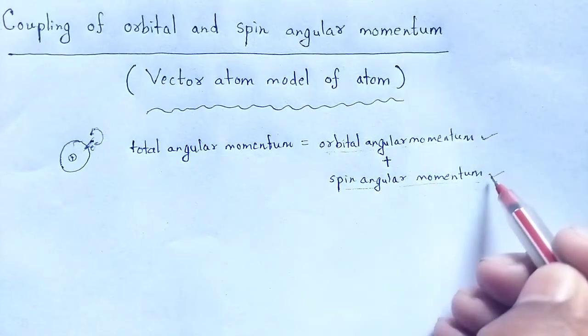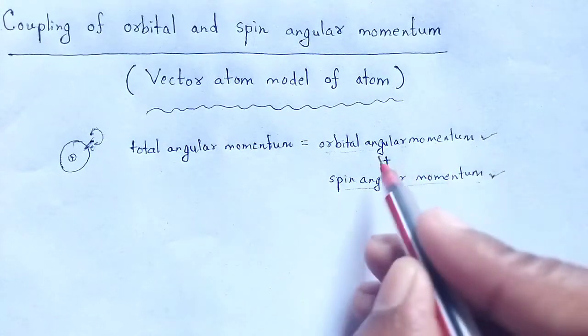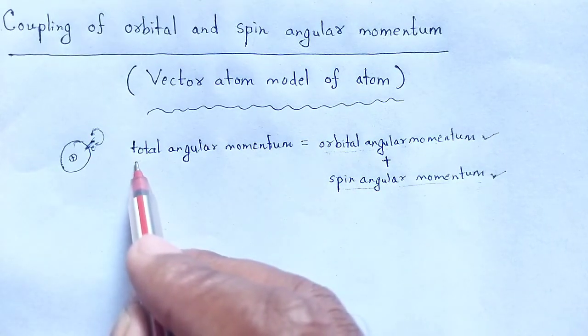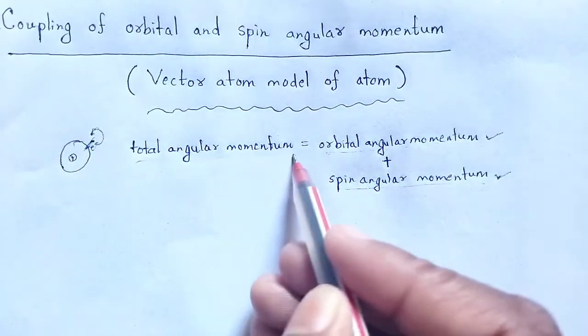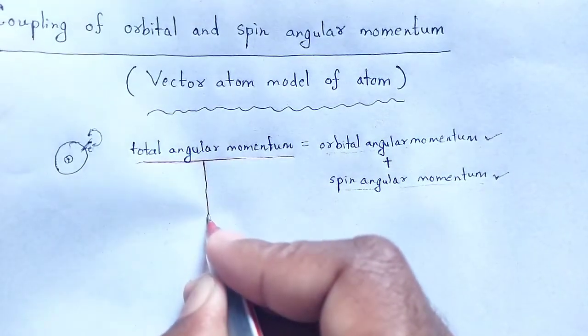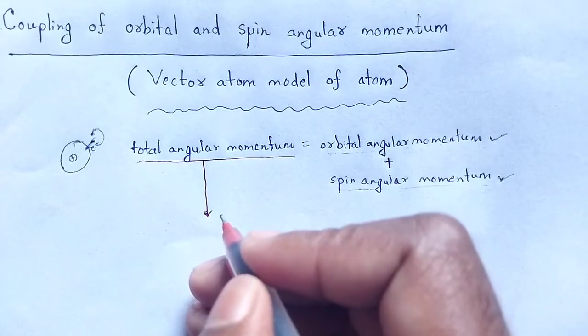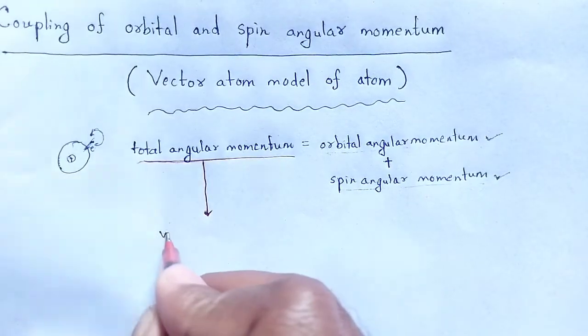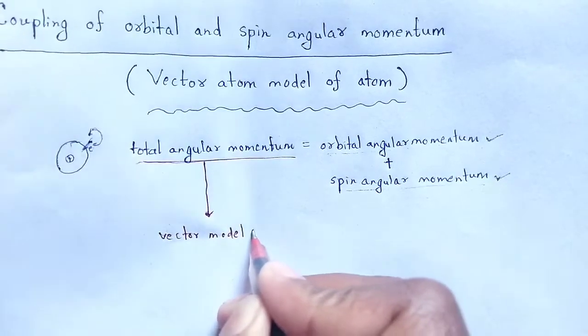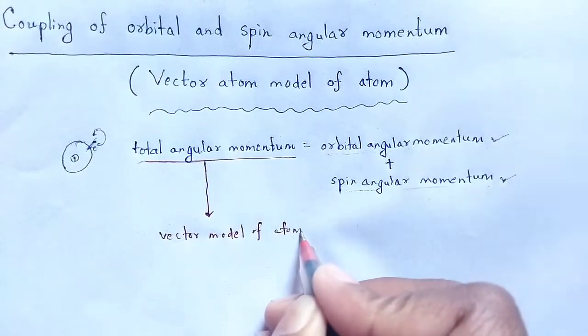The sum of these two vectors, or the resultant of these two vectors, results in the total angular momentum, and that model of an atom is known as the vector model of atom.